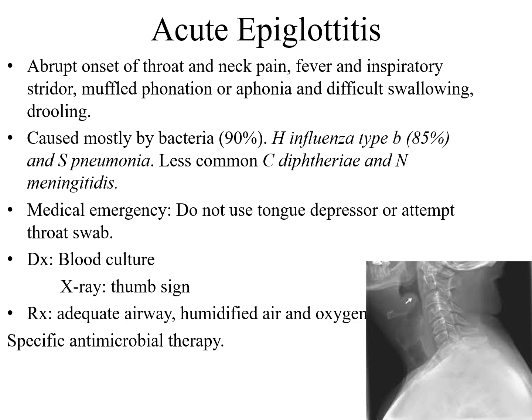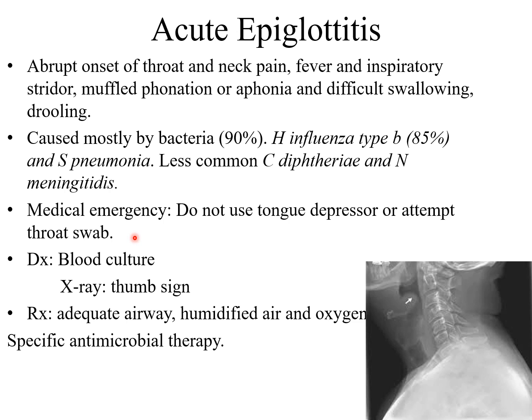Muffled phonation or aphonia means the patient either has no voice at all or the voice is not normal. And difficulty swallowing and drooling. From the severity of the pain he can't swallow his saliva, and therefore he's drooling. This is a medical emergency, and if you suspect acute epiglottitis, you should never use the tongue depressor or the throat swab to examine the patient, because if you use them, you're going to lead to more edema and obstruction of the upper airway.